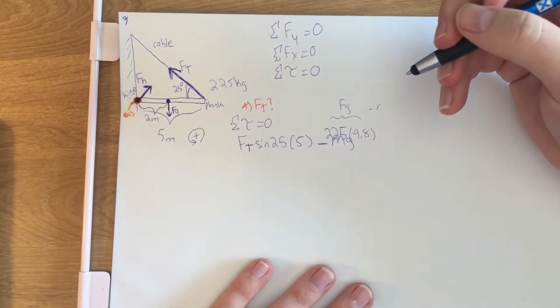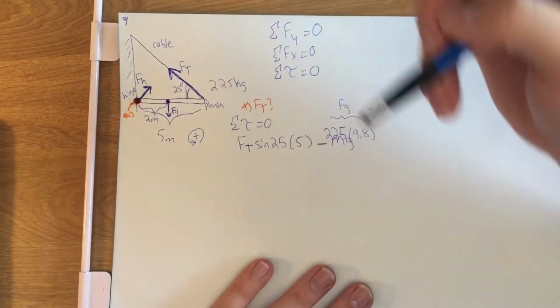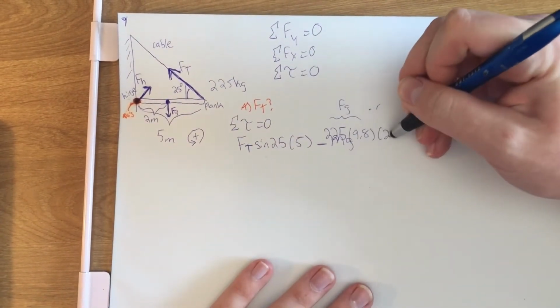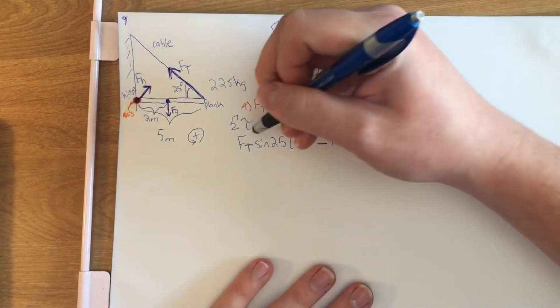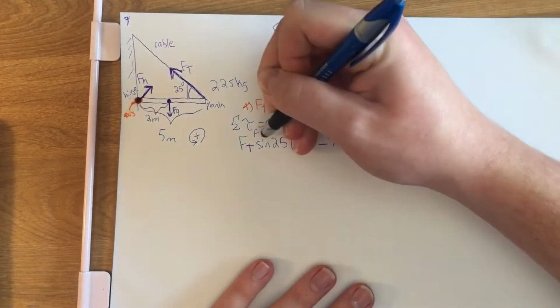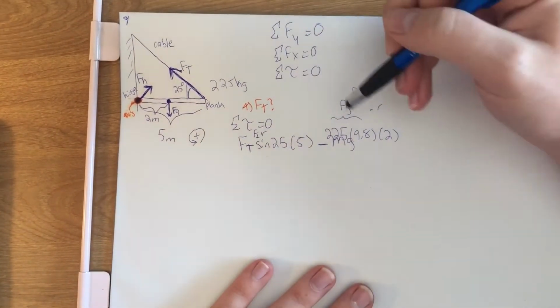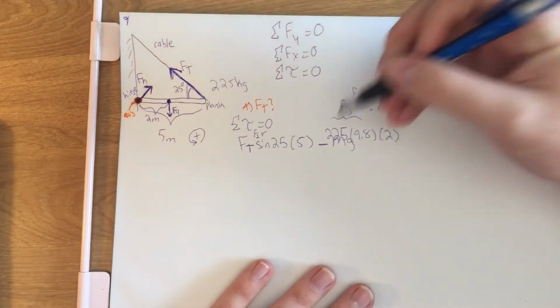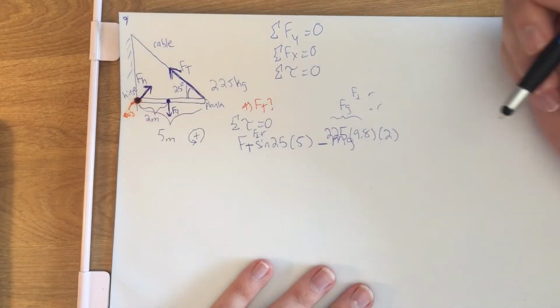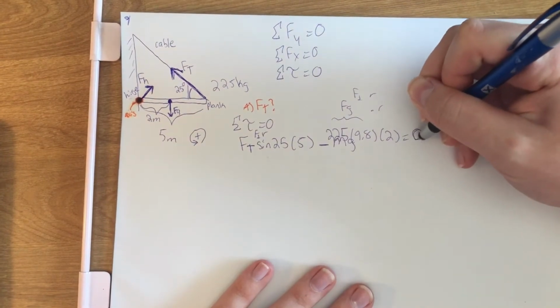How far away is the force gravity acting from that axis of rotation? The problem told me it's 2 meters away. So if it's not clear, this is force times radius, and this is force times radius. And of course, it has to be the perpendicular components of those forces. Now, all of gravity is perpendicular, so I don't have to worry about any trig functions for that. It's going to equal 0 because we're in static equilibrium.